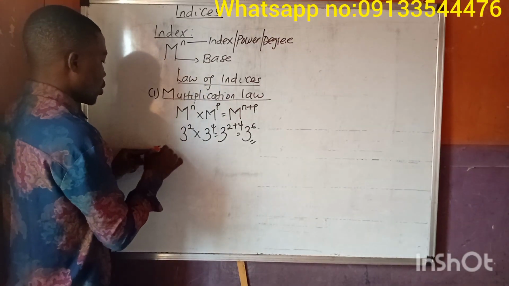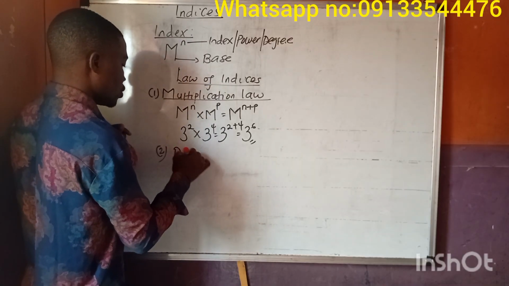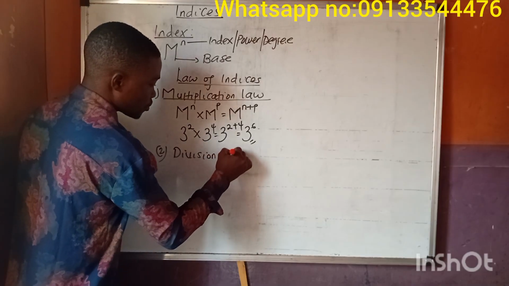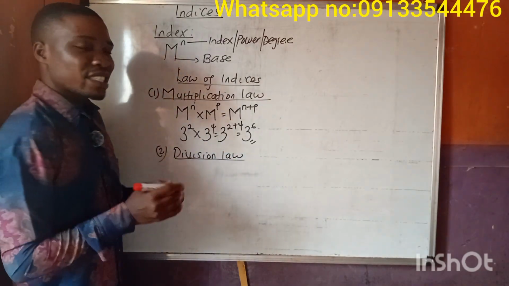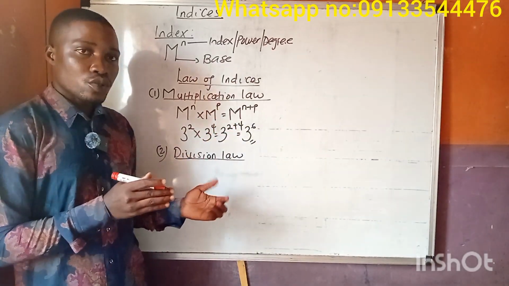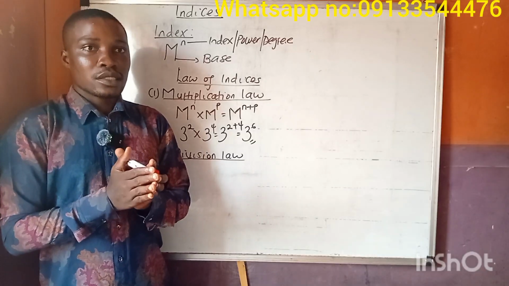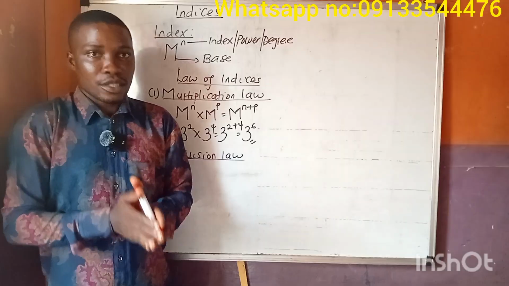The second law we'll look at is the division law. The same concept we use here, we apply it here also. It's saying that once the base are the same thing and you are dividing the base, you subtract the power.